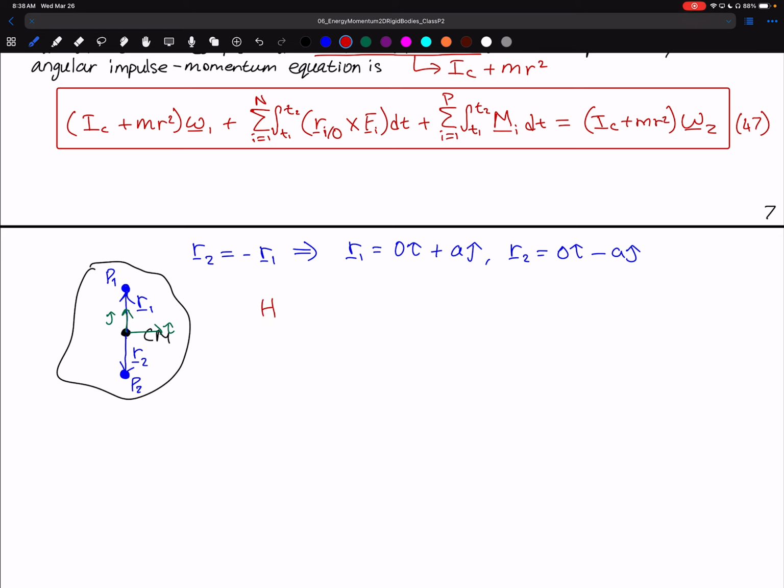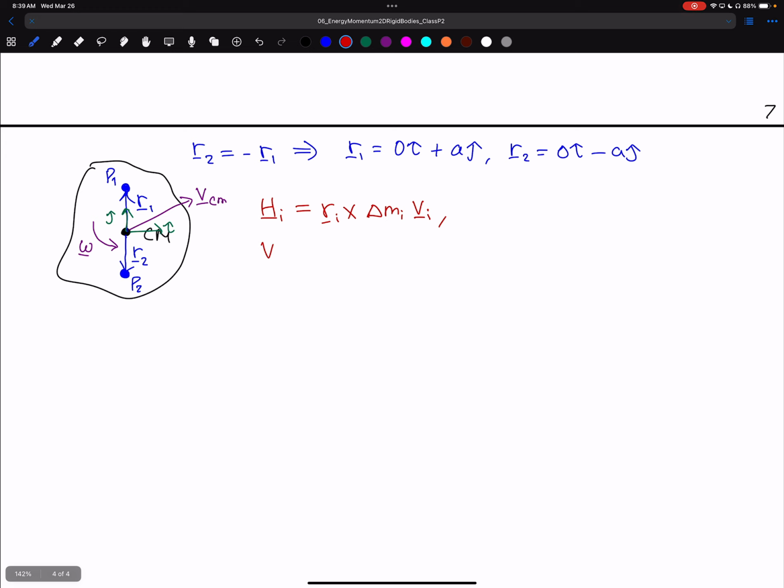Okay, so previously we wrote that the angular momentum H_i of the ith particle is equal to r sub i crossed with delta m_i times v sub i. We're going to add omega for the center of mass, and we'll add a velocity of the center of mass as well, v sub cm.